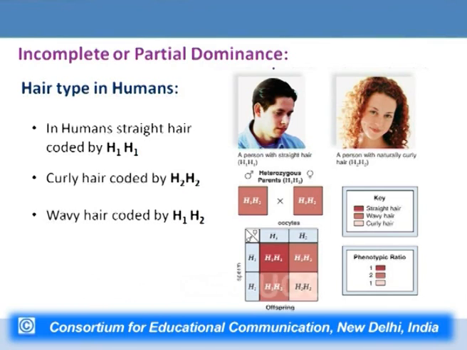The straight hair individuals will be in ratio 1, whereas the wavy hair individuals will be in ratio 2 and curly hair individuals will be in ratio 1. So, in this particular case, genotypic ratio as well as phenotypic ratio is similar, that is 1:2:1. Thus, it denotes an example of incomplete dominance in Homo sapiens.